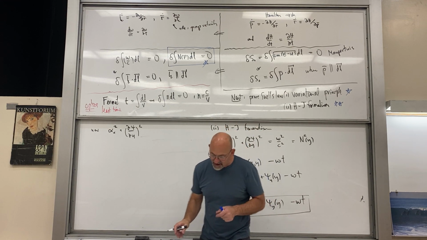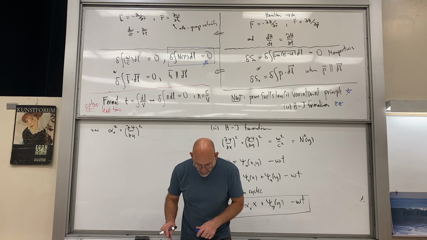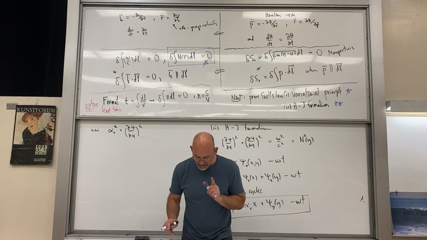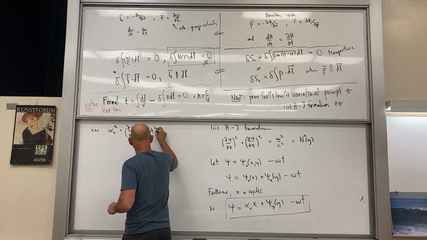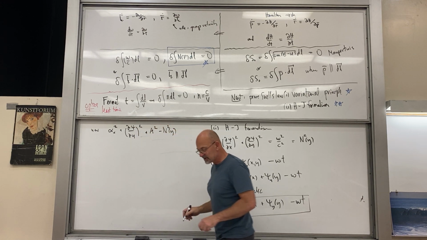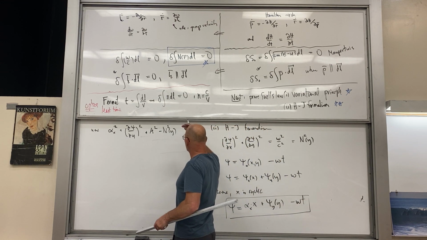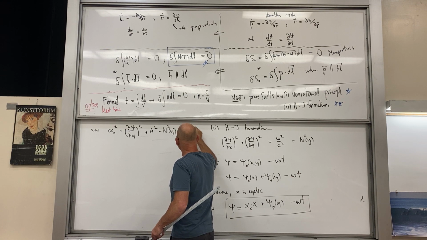Now I added and subtracted something to the equation to make it look like our Hamilton-Jacobi equation with just the energy on the right side, so in this case equals a squared.